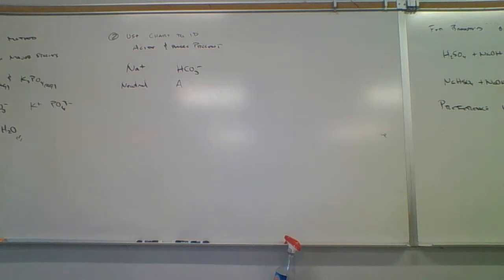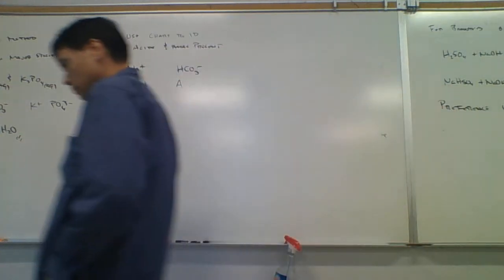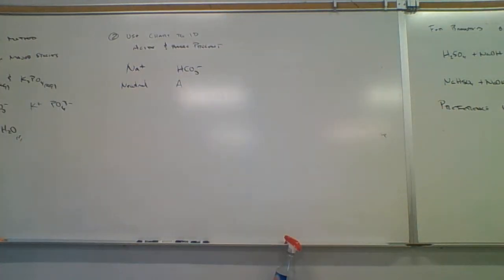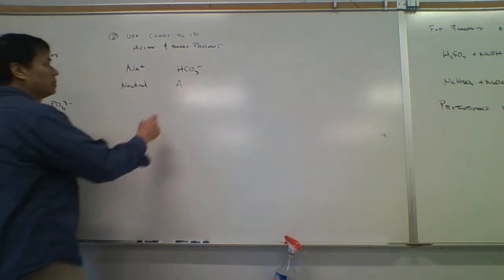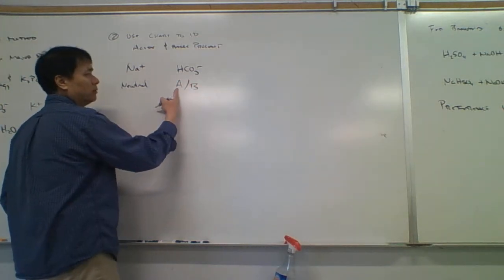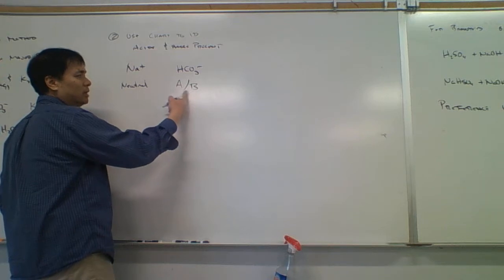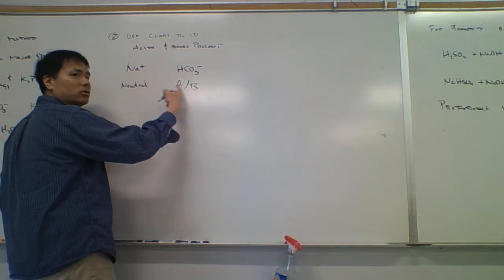So what do we call something that can be both an acid or a base? Amphoteric. Bicarbonate is amphoteric, so I'm going to write A/B to indicate it can be either an acid or base.